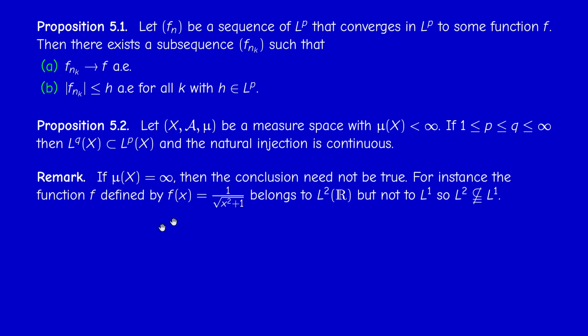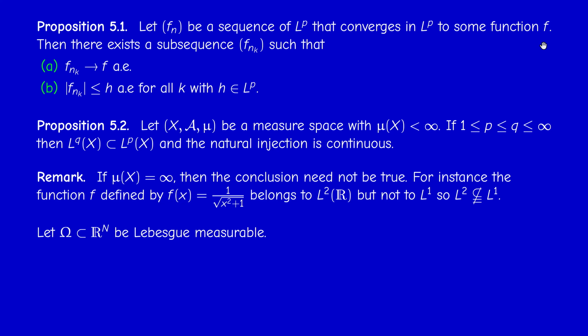For example, if you consider the function from R to R given by 1 over the square root of x squared plus 1, then this function belongs to L^2 because its square is just 1 over x squared plus 1, and its integral from minus infinity to infinity is convergent. But this function is not in L^1 because its integral is infinite.